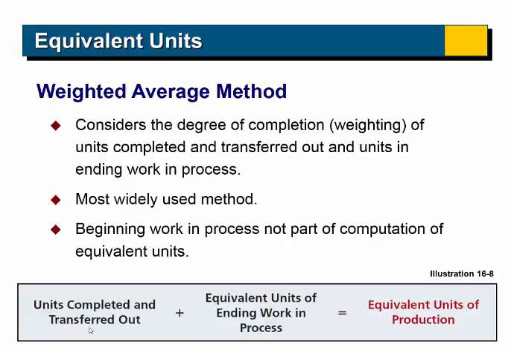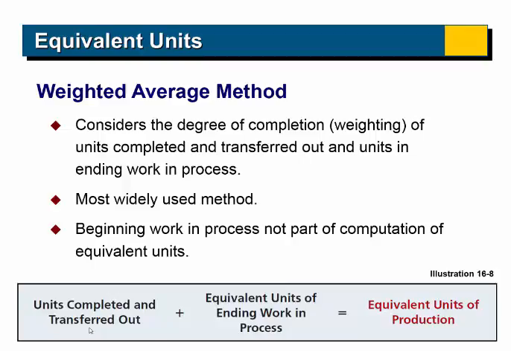The next part, where we're adding to that number, we are going to add the equivalent units of ending work in process. So like I mentioned earlier, we're going to get to the last date of the period.